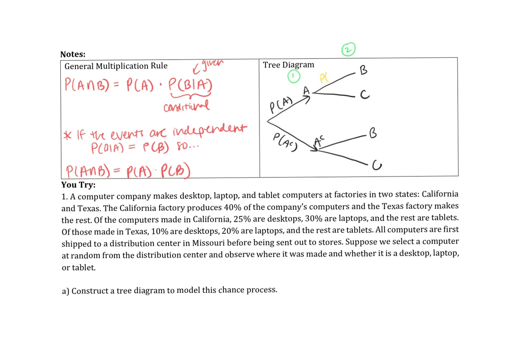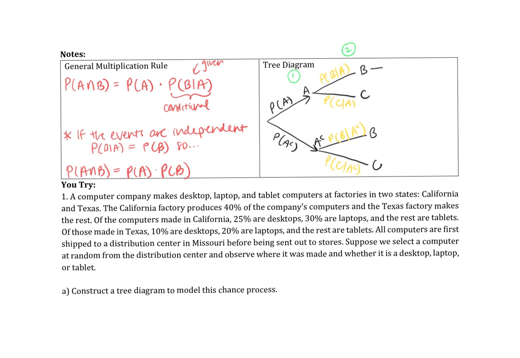The probability of event B given A, probability of event C given A, probability of B given A not, and probability of C given A not.